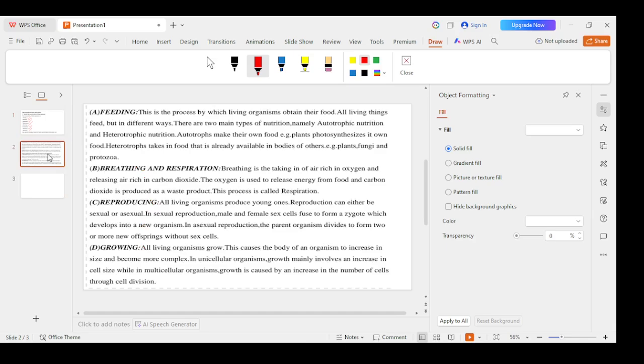We have feeding as one characteristic. What is feeding? If I ask you, have you eaten? You are going to say, yes, I have eaten. That process is feeding. It is the process by which you as an organism are able to obtain food.